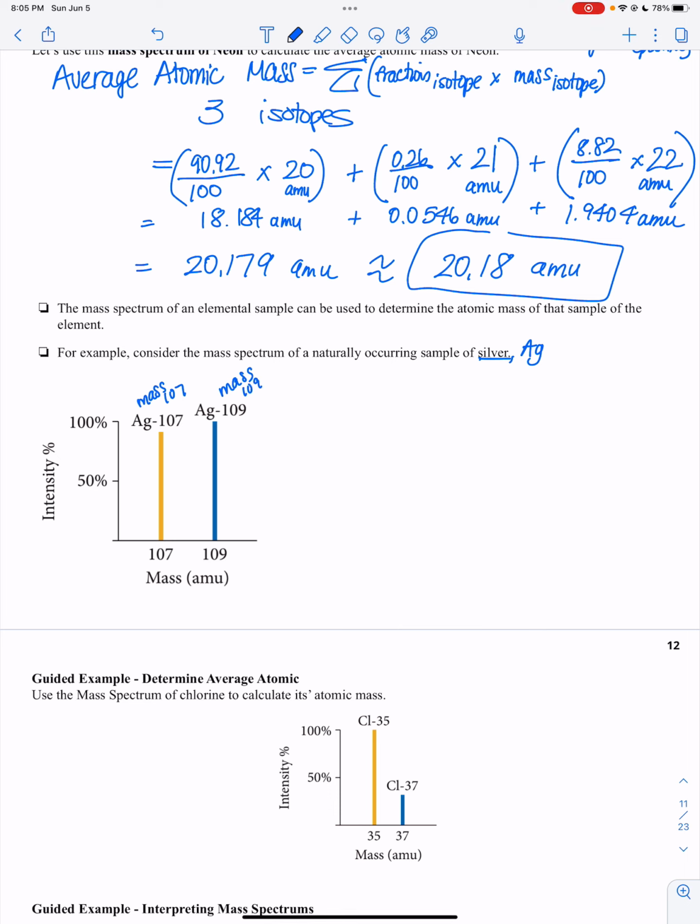Okay? Well, look at this now. This is no longer percentage. This is intensity. Intensity you could use as like our fraction here. But intensity is kind of like number of particles.